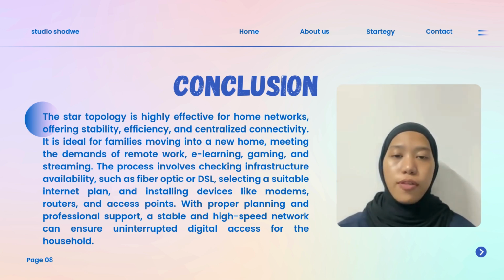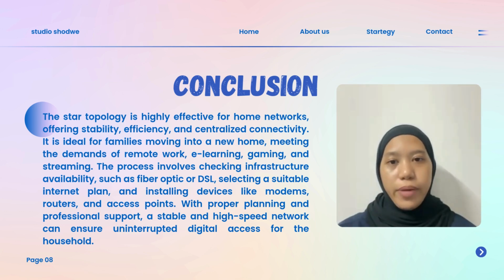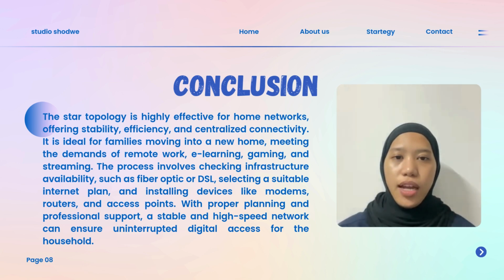The process involves checking infrastructure availability, such as fiber optic or DSL, selecting a suitable internet plan, and installing devices like the modem, router, and access point. With proper planning and professional support, a stable and high-speed network can ensure uninterrupted digital access for the household.